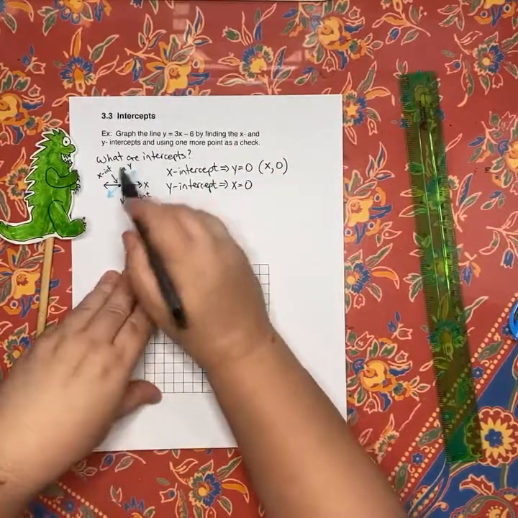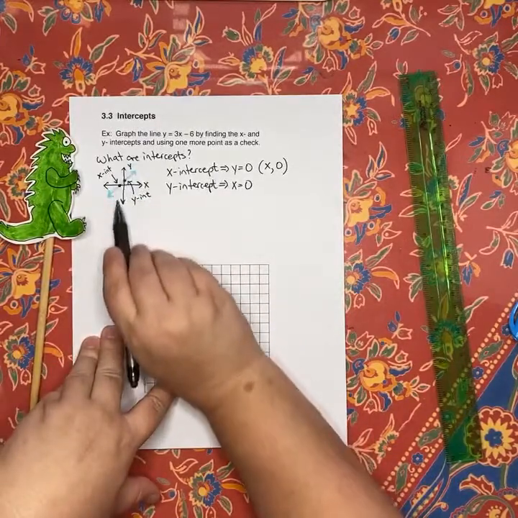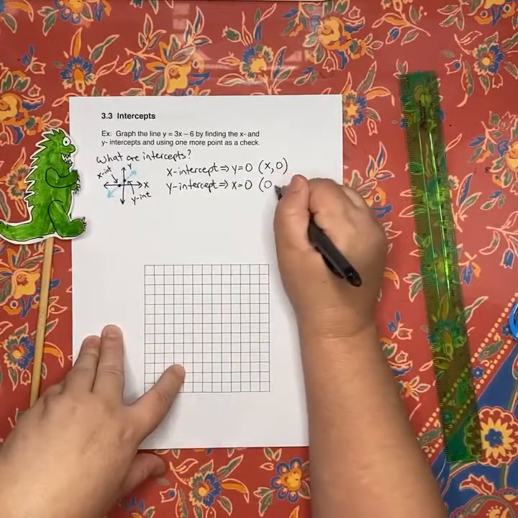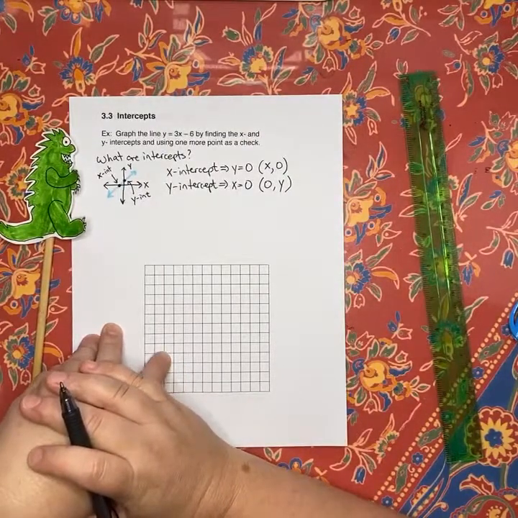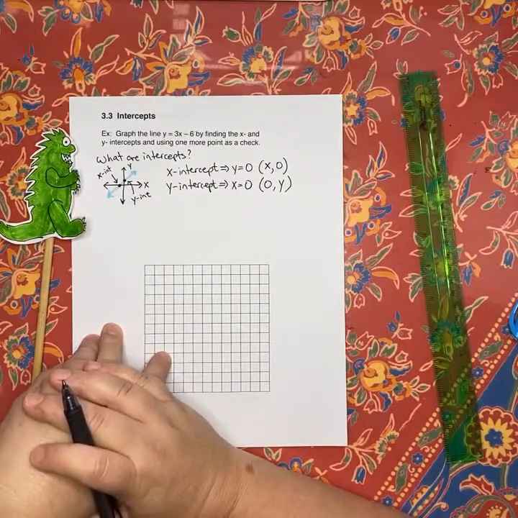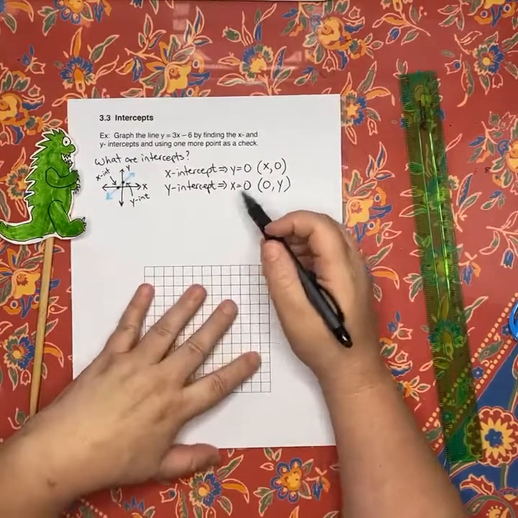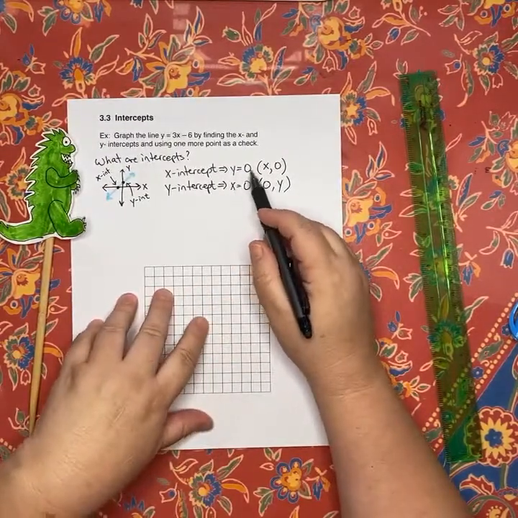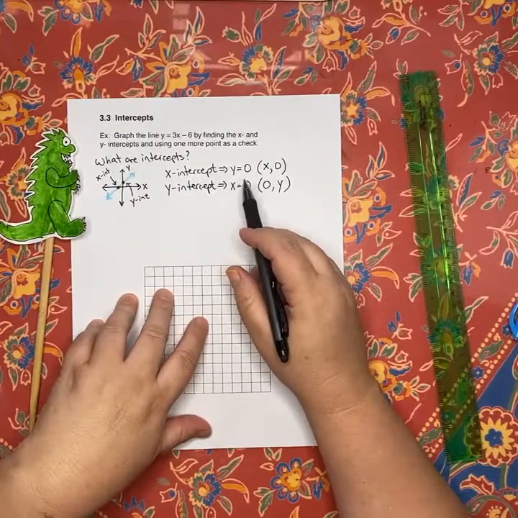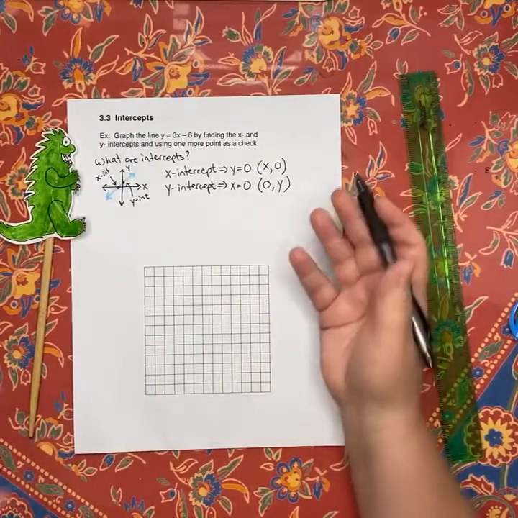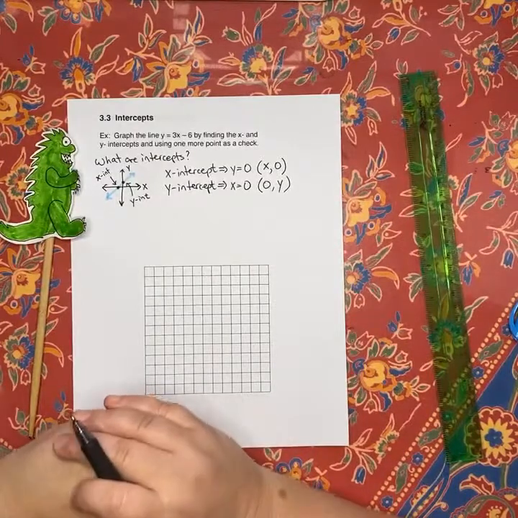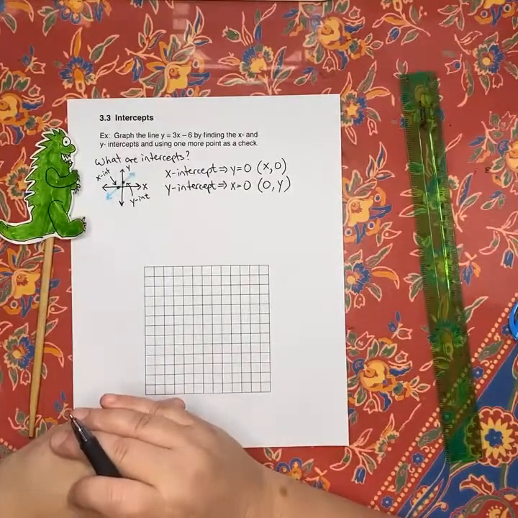Y-intercept is x equals 0, right? Y-intercept is the y-axis. So we've got the 2 points that we get if we either plug in x equals 0 or y equals 0. And you'll notice with the last couple of examples in the other videos, I've started with x equals 0. So it's just kind of something I do because of habit now.